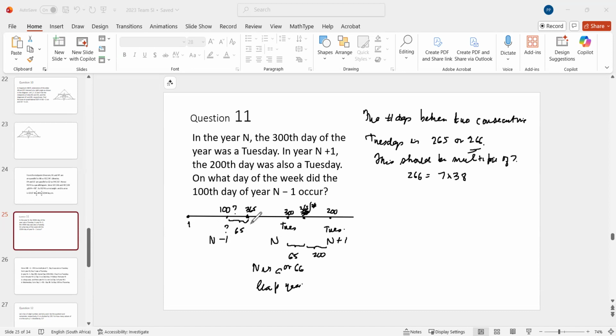We're talking about year N minus 1. No, it's not 65, it's 265, sorry. From 100 to 365, there are 265 days left for this year. And then this is the 300th day of the Nth year.